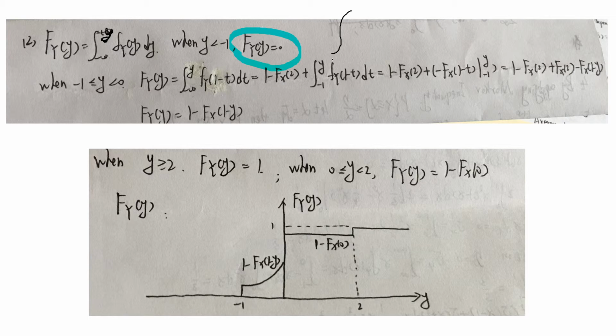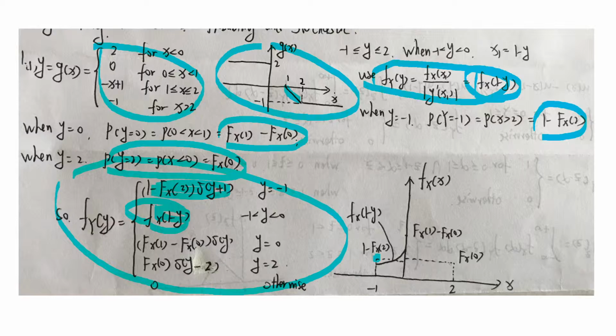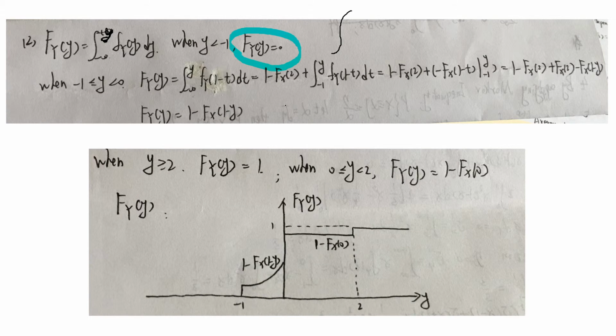So integration from, the first part is we need to integrate this function from both sides of y equal to -1, from both sides of -1. So we can simply get the integration like this.